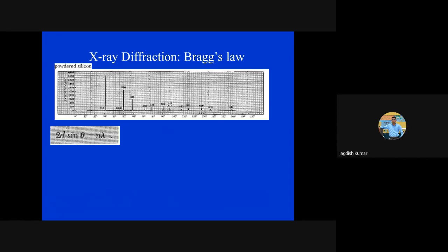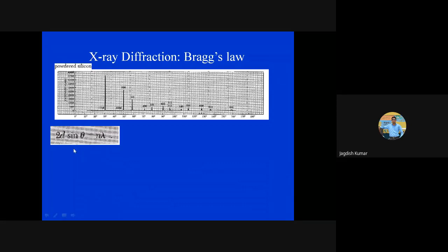Now, there is one question here: why do we have different intensity for different peaks? As per this expression, there is no mention about what should be the value of the intensity.